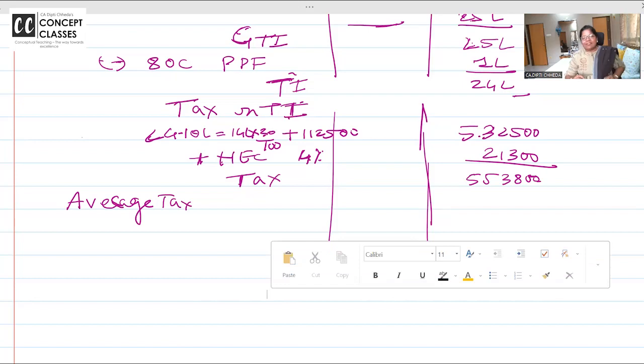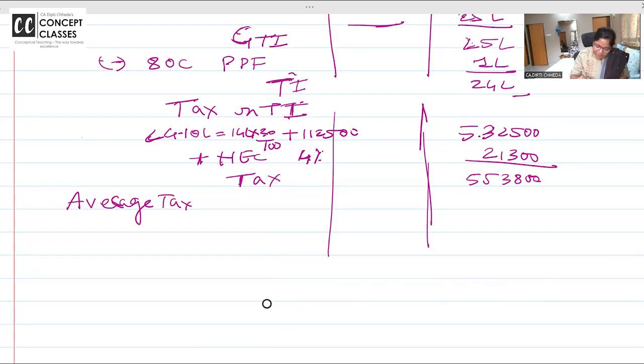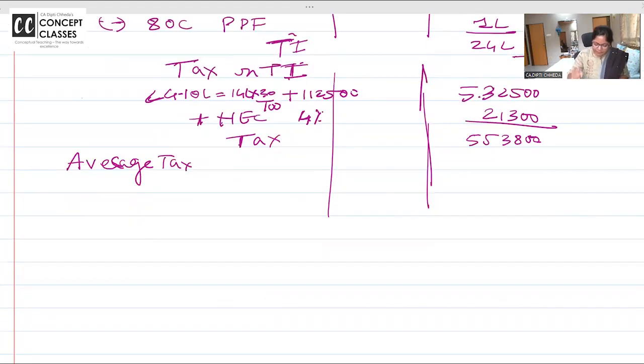Now, ma'am, what is this average tax? This is taught to you in the TDS on salary chapter also, dear students.